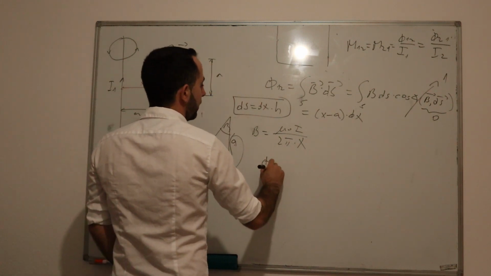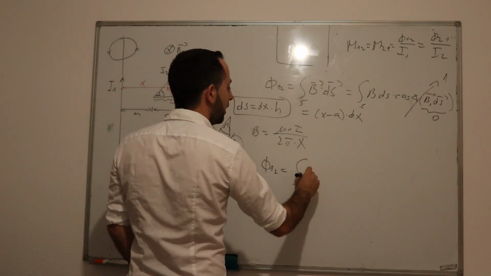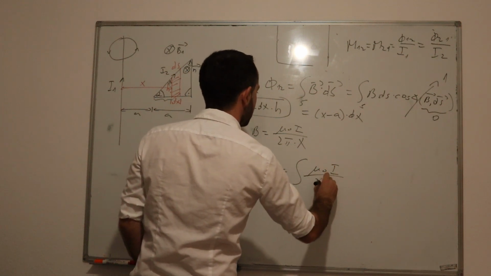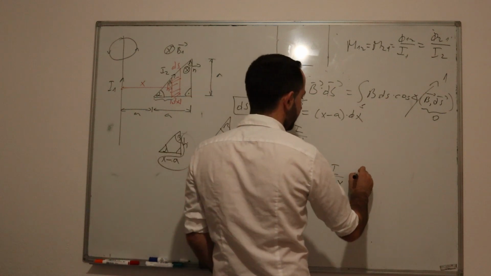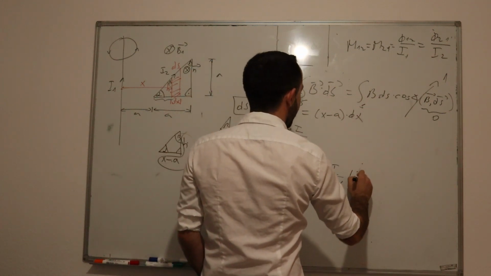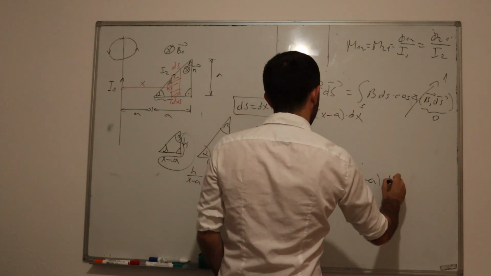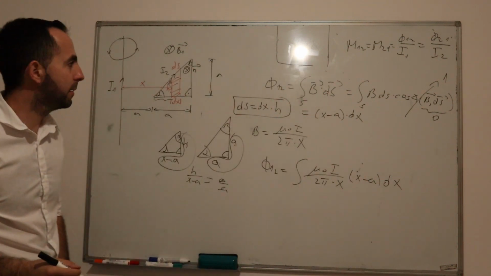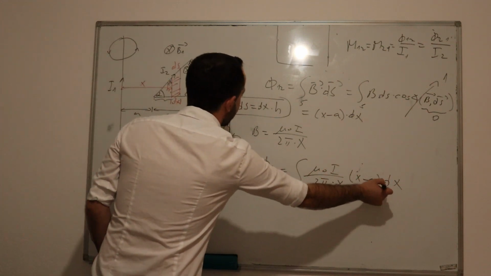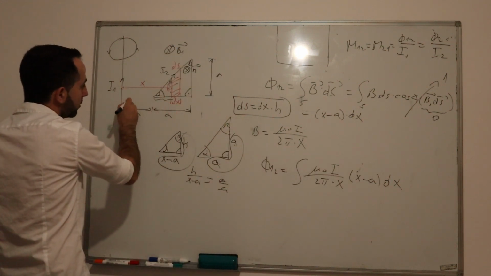So the angle here is 0, and we know that cosine of 0 is 1. So our flux phi12 is equal to the integral of B, which is mu0 I1 over 2 pi x, times our dS, which is x minus a times dx. What are the limits of our integral? Where we are looking at the x-axis, so where does my contour start?